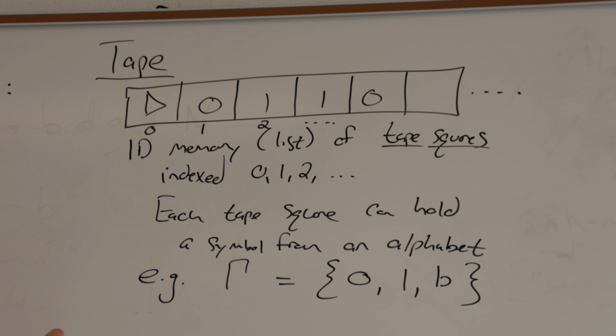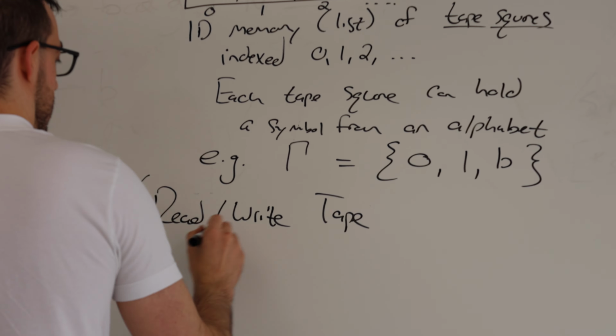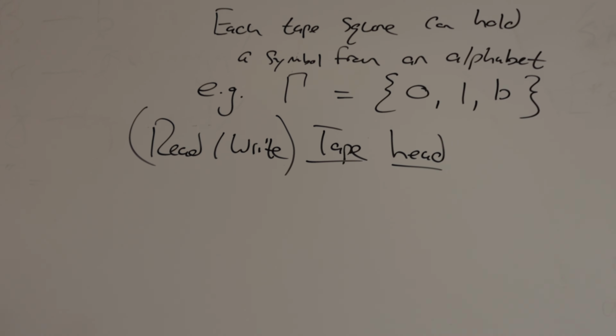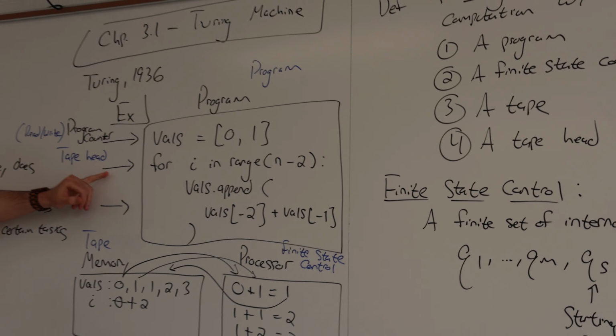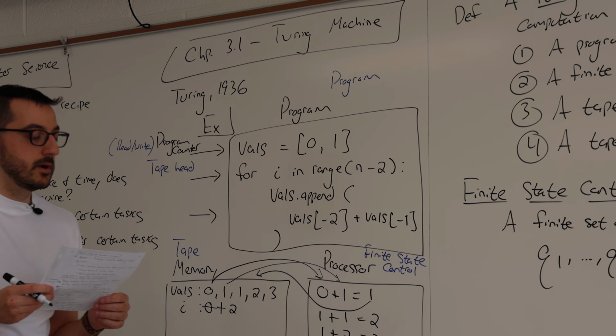Now we'll have the third component. This will be the read-write tape head. And as with the program counter in this example, sort of an arrow indicating where we're at, that's going to be the exact same way that we represent it.